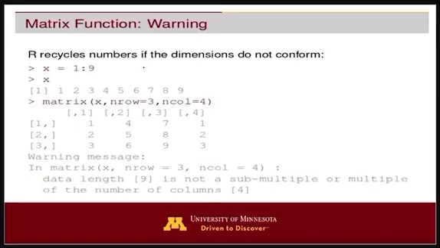If you take a look at this, there's going to be some warning. R is very sensitive, and make sure you pay attention to warnings. I have 1 to 9, but I'm asking R to generate 3 rows and 4 columns. That may not be possible.